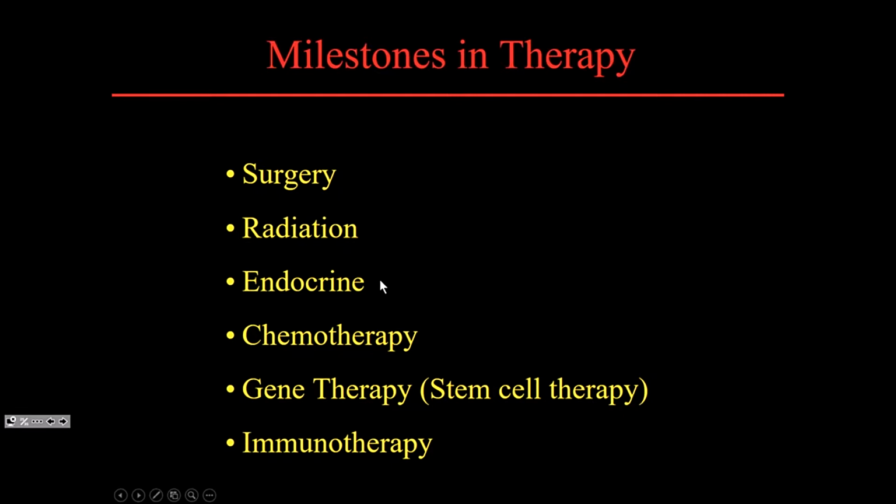So endocrine therapy. Then kind of related to endocrine therapy is chemo. A lot of the original chemos were drugs that would cause microtubules to dissolve. So we know during cell division we have the mitotic spindle during metaphase.